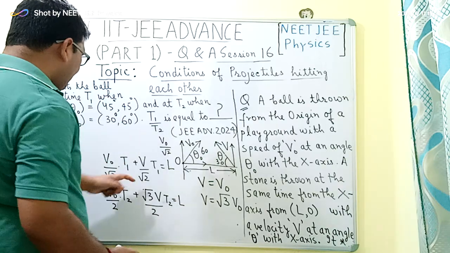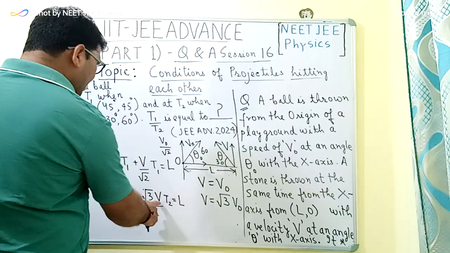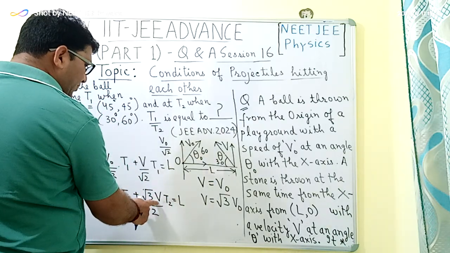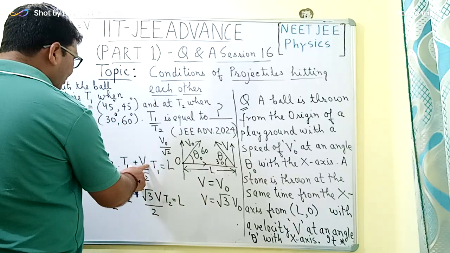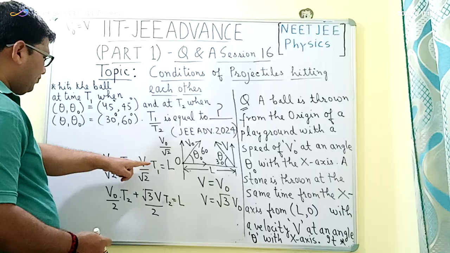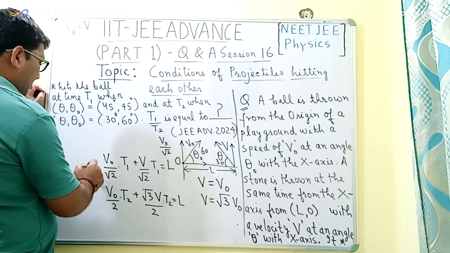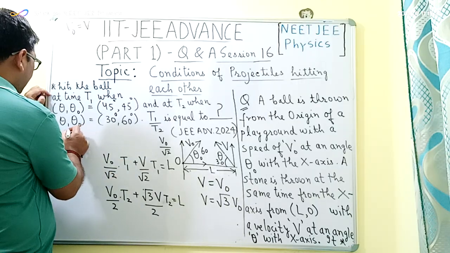So I will be substituting the value of V as V naught in the first equation, and as root 3 V naught in the second. From the first equation I will be getting the value of T1.